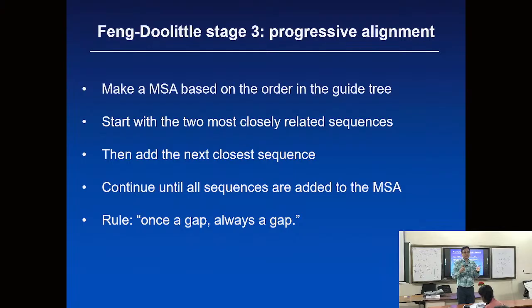You have the guide tree, and from the guide tree you know which are most closely related sequences, and you will put them next to each other when you are constructing the multiple alignment, and you know how they are aligned. Okay. Then you will bring the next sequence, and then next sequence by looking at the guide tree. Okay, in the same sequence as you constructed the guide tree.